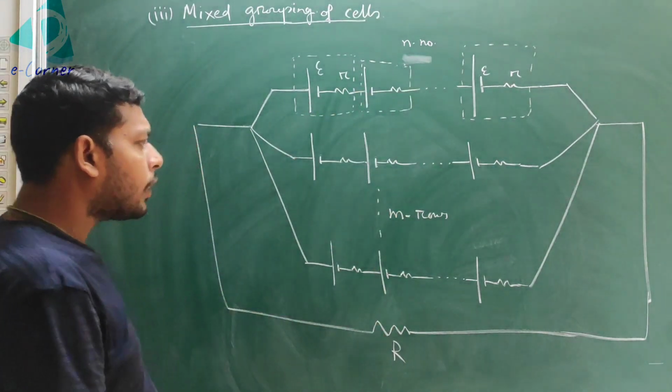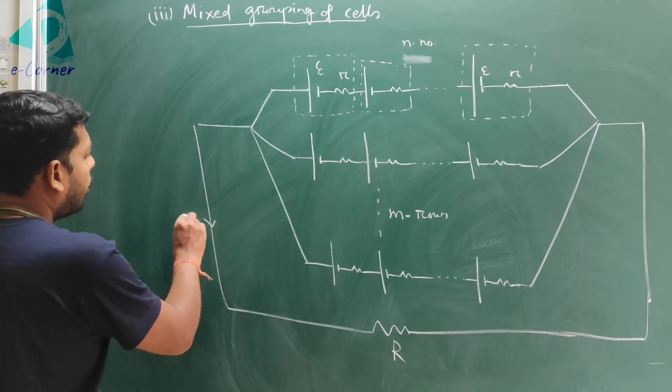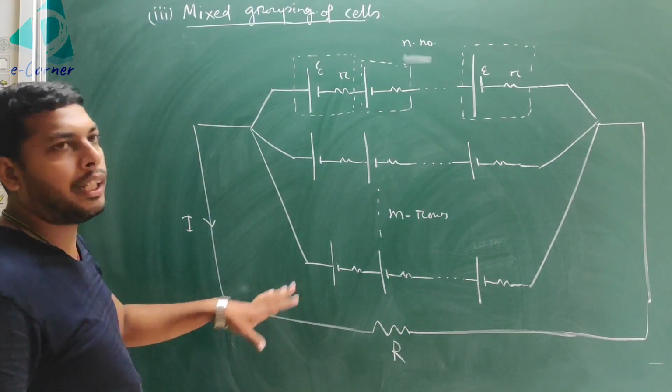Okay, so here we have to calculate the current through the main circuit. What is the value of I through the main circuit?